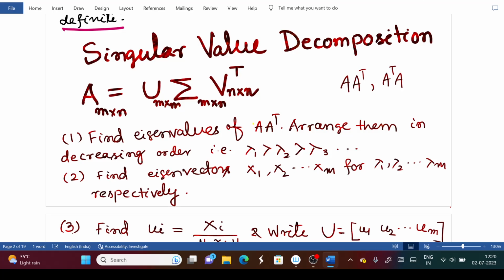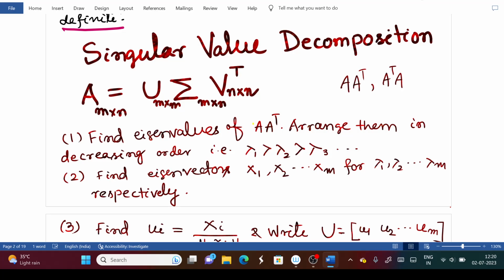For the matrix with lesser number of rows and columns, we will first calculate the eigenvalues and arrange them in descending order, the largest eigenvalue first, then a little smaller, and so on. Then we find the corresponding eigenvectors.